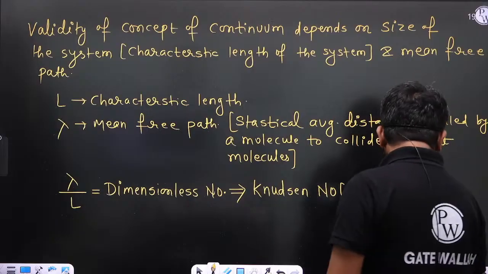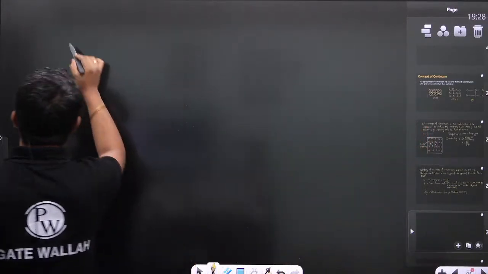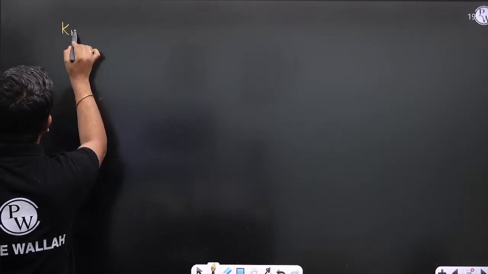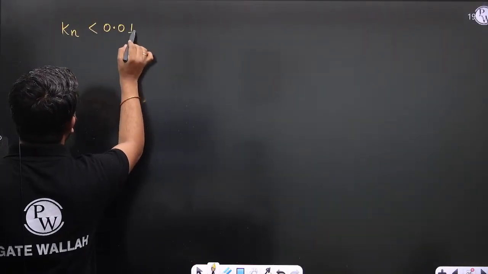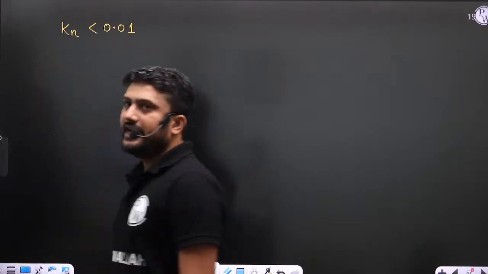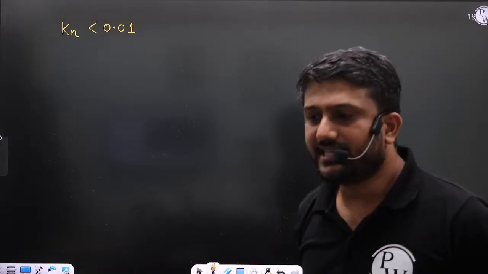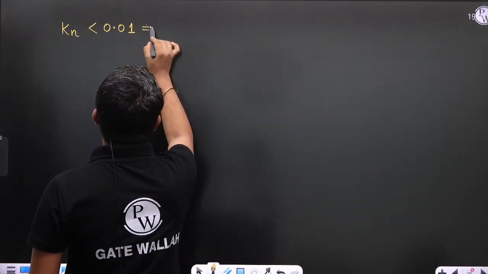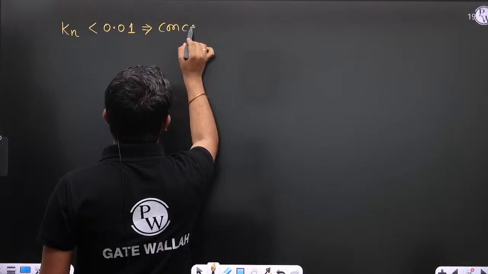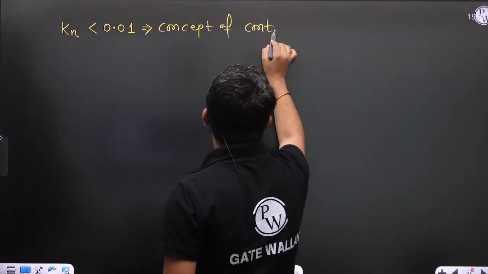So beta, if this Non-continuum number Kn is less than 0.01, then the concept of continuum is valid.